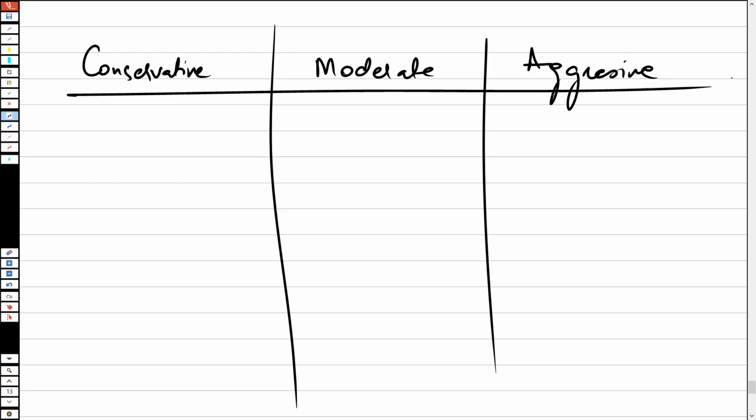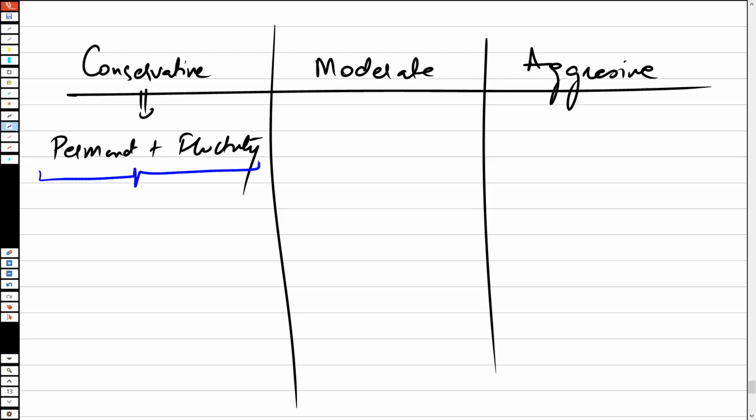Let's discuss. When we talk about the conservative policy, you finance both your permanent plus fluctuating current assets using long-term capital.